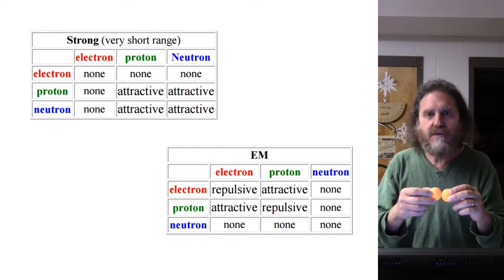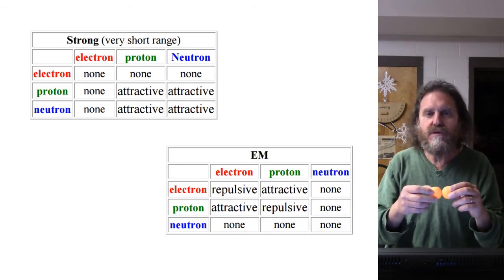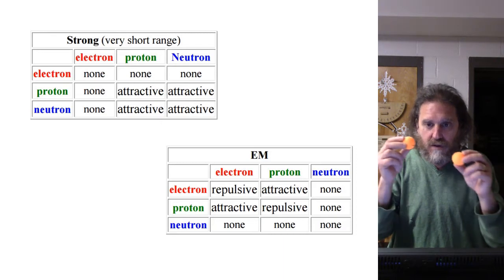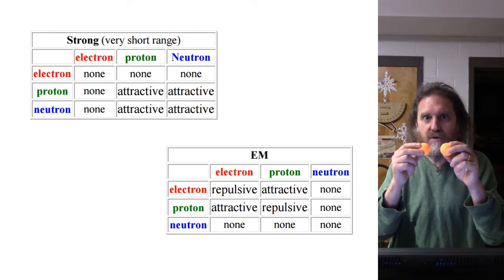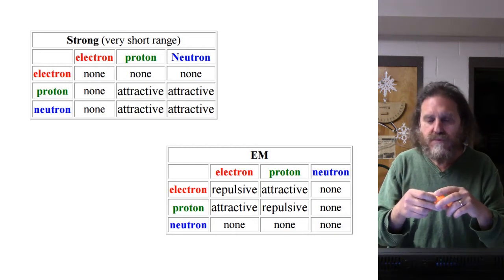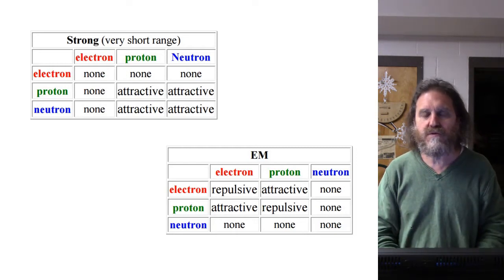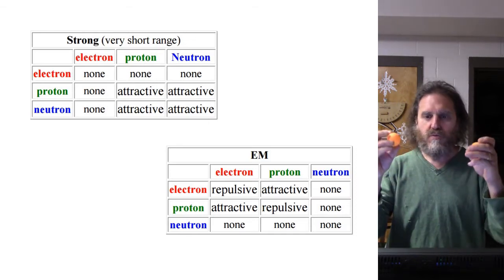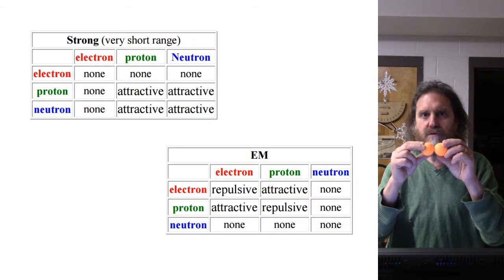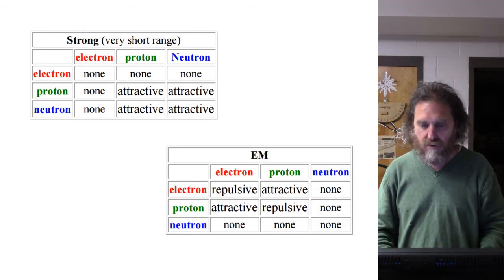So this is why thermonuclear fusion occurs in the Sun and nowhere else in the solar system, because only there are the particles moving fast enough so that they can approach and feel that attractiveness of the strong nuclear force. So this is why thermonuclear fusion is driven by high temperatures, because these repelling protons have to get close enough in order to feel the attractiveness of that strong nuclear force.